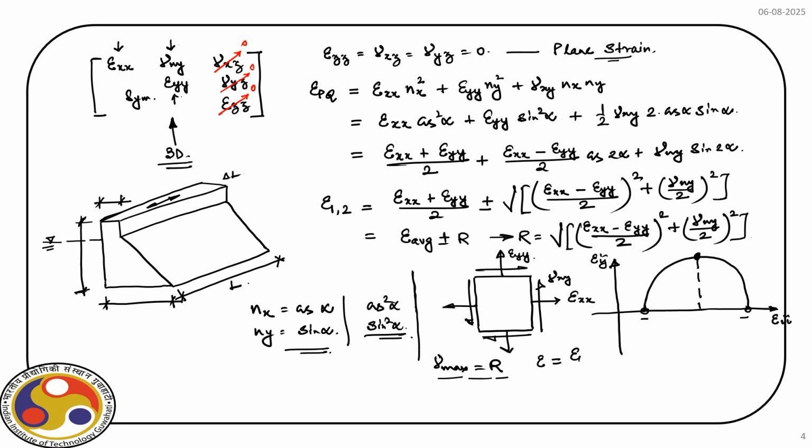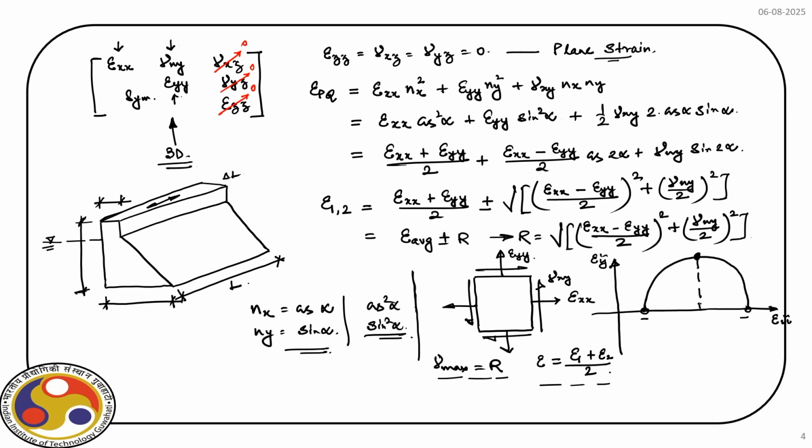So, it is epsilon 1 plus epsilon 2 divided by 2, and that completes the exercise. Obviously, the Mohr circle has a lower half, which I am not drawing.